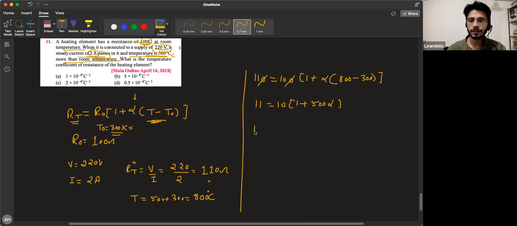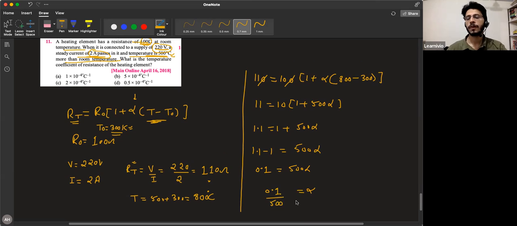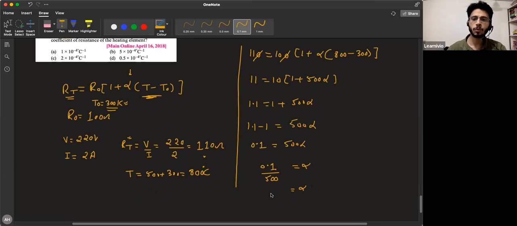You can take this 100 here, so it will be 1.1 equals 1 plus 500 alpha. When you subtract, 1.1 minus 1 is 0.1, which is 500 alpha. So alpha is 0.1 divided by 500, which is 1 by 5,000, that is 2 into 10 raised to the power minus 4. Just a straightforward calculation.